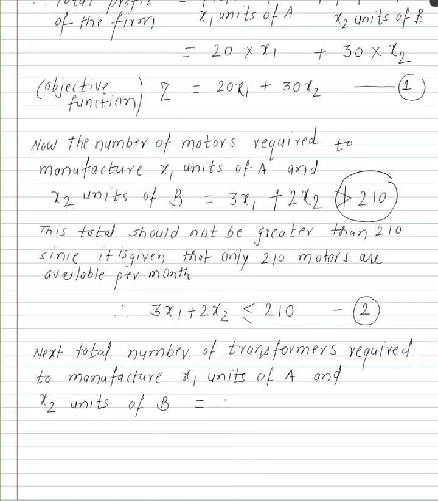One unit of A requires 4 transformers. So x1 units of A will require 4 into x1 transformers. Similarly, 1 unit of B requires 4 transformers. So x2 units of B will require 4 into x2 transformers.